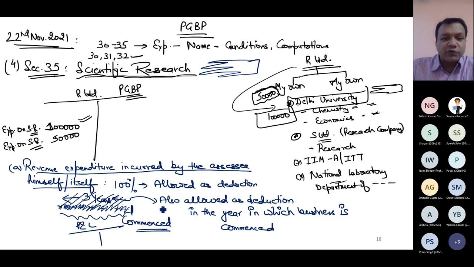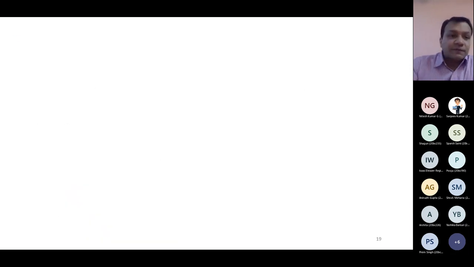This is the first category of scientific research expenditure, revenue expenditure incurred by the assessee himself. Second, contribution. Now not himself, contribution to a notified university.